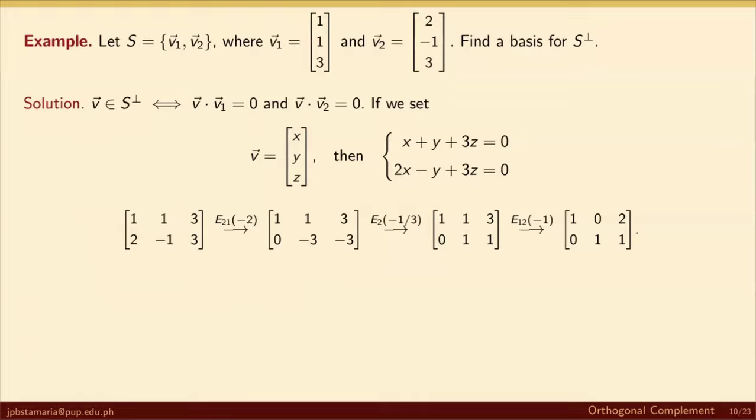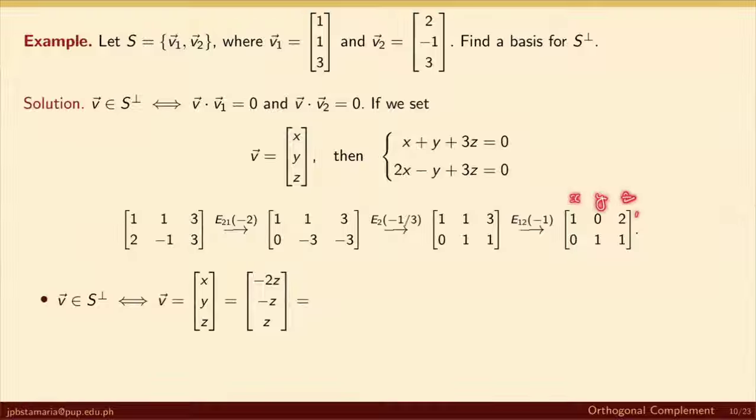So therefore, what do we have? V is in S perp precisely when... There is only one free variable, and in this case, it's z. That's why I did not change z anymore. If you look at the first row, this means x plus 2z is equal to 0, so x is negative 2z. That's why here you get a negative 2z.